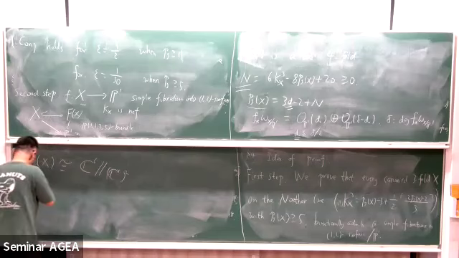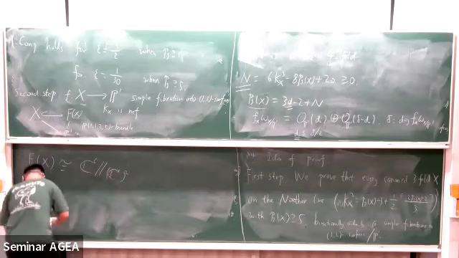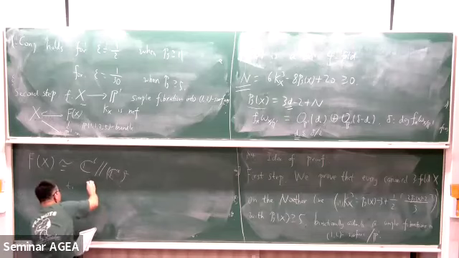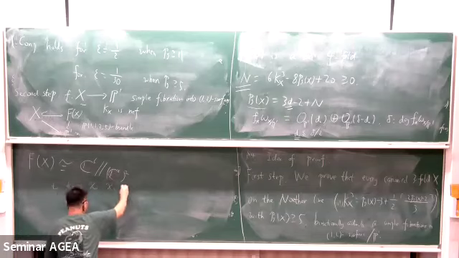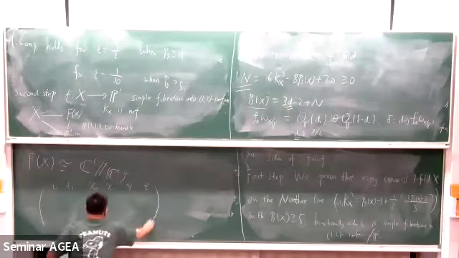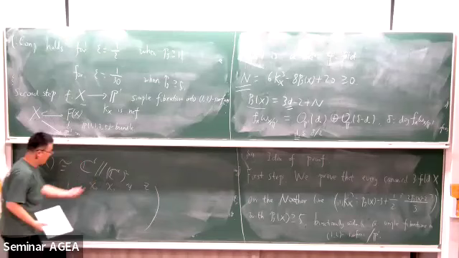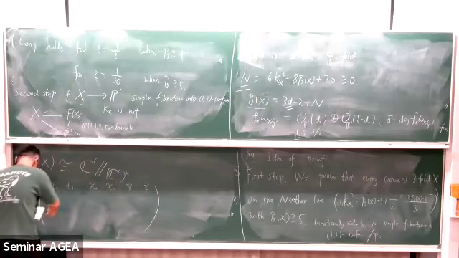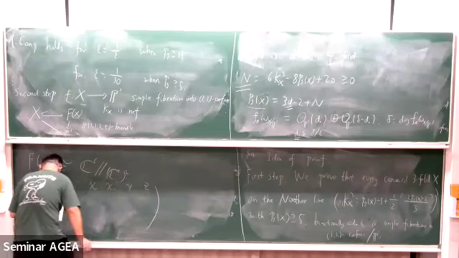It acts on this C^6 like this one. T_0, T_1 are coordinates, X_0, X_1, Y, Z. So this torus acts on this vector space with weight matrix like this one.